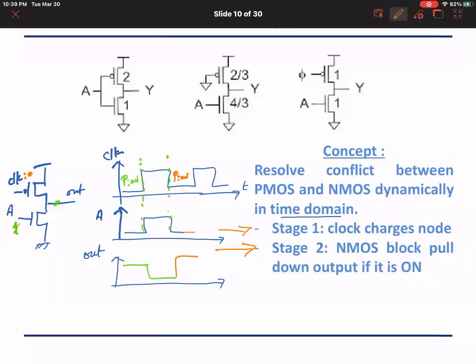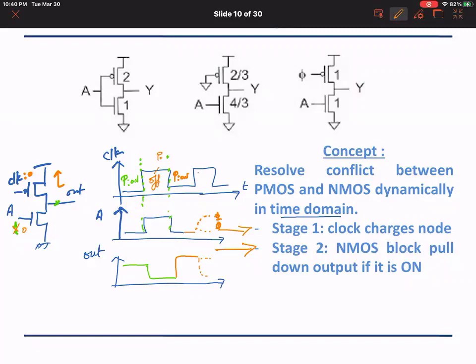The input is also 0, and so the output will be charged back, awaiting to see what is the value of A, either 0 or 1, and therefore either discharging the output when the clock turns on or keeping it the same. So therefore clock low, PMOS is on; clock high, PMOS is off.